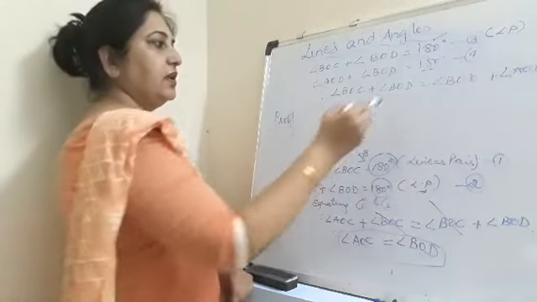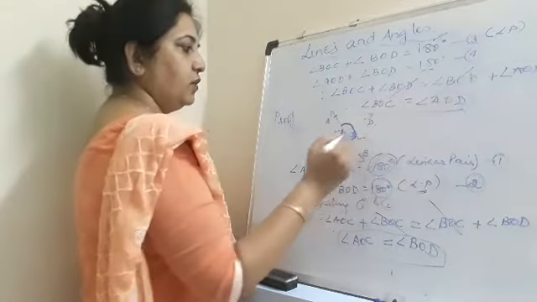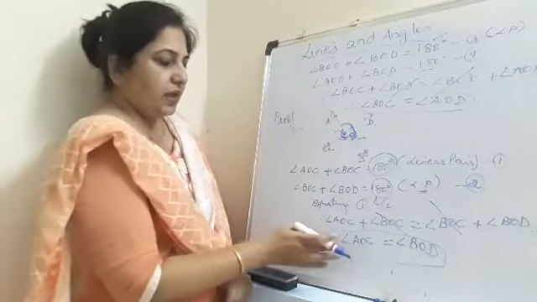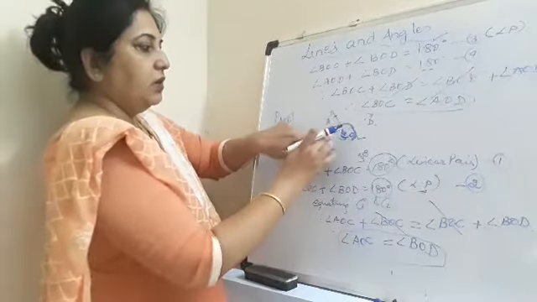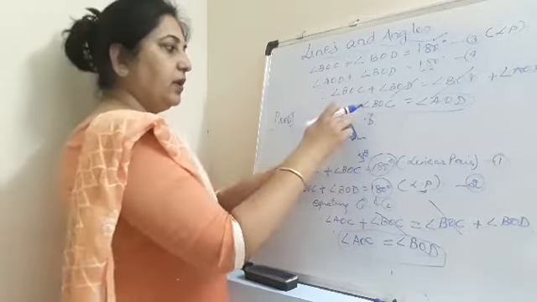So which two angles will cancel? This one and this one, and therefore we are left with angle BOC is equal to angle AOD. So we have proved that angle AOC is equal to angle BOD and angle BOC is equal to angle AOD.